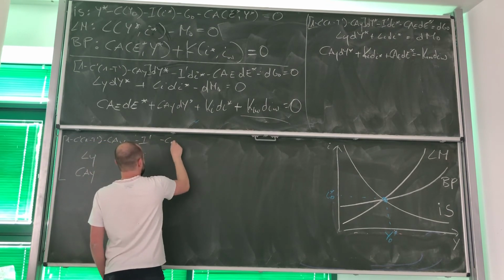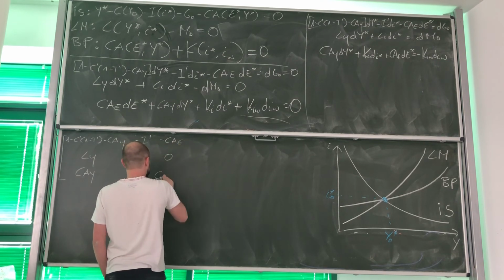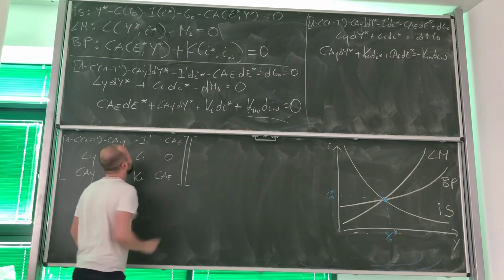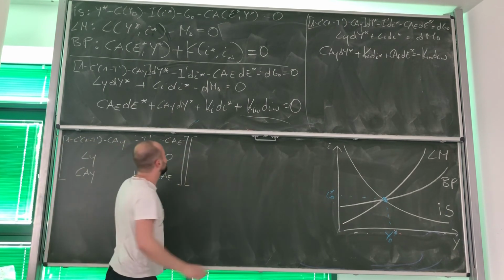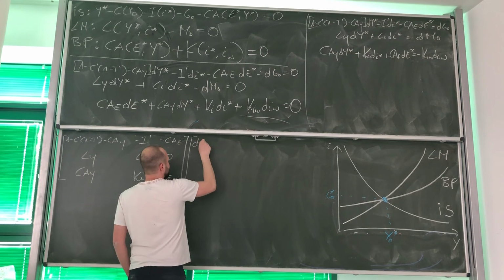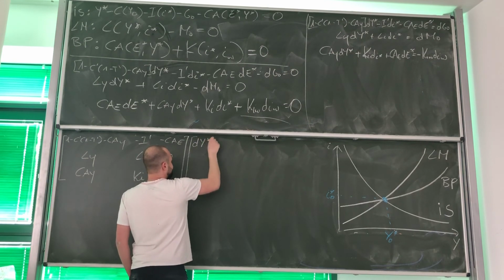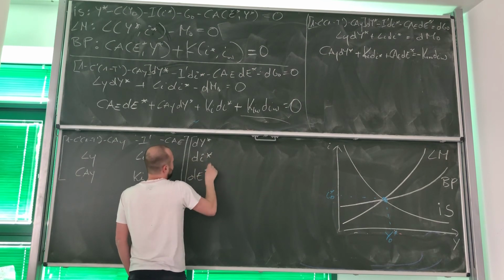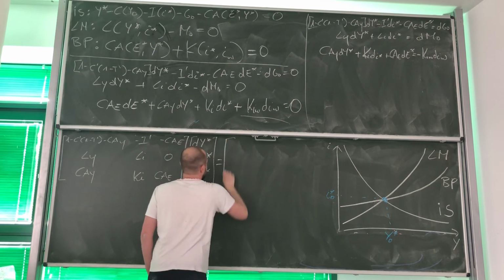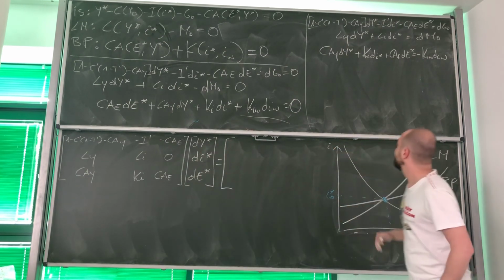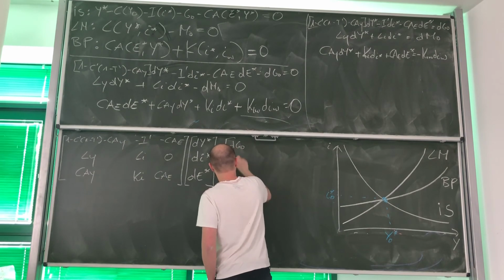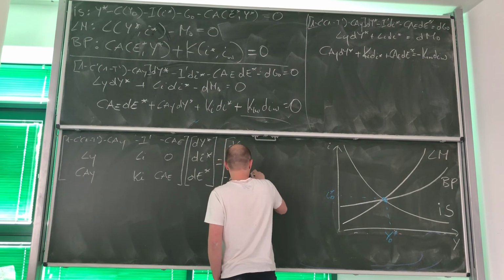Then we've got negative CAE, 0, CAE. Our endogenous variables, so they're differentials here: dy, dI, and dE. And finally here we just put all the exogenous terms: dG0, dM0, negative KIW dIw.